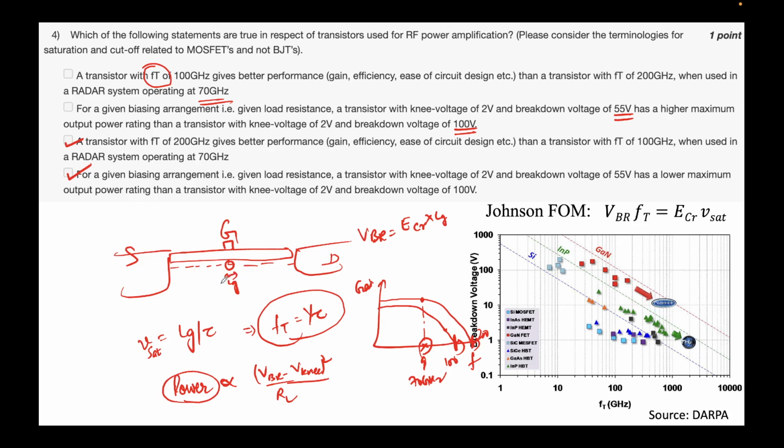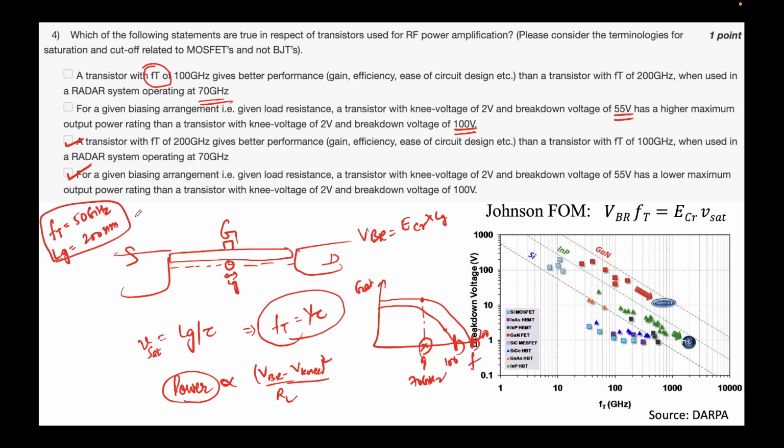For instance, the device which I have made myself has an FT of, I believe, around 50 gigahertz, and it has a gate length of 200 nanometers.